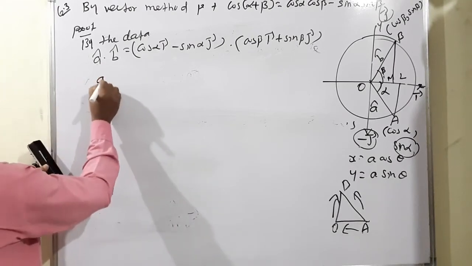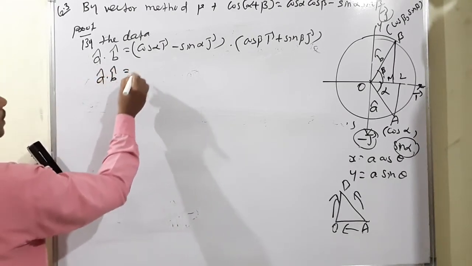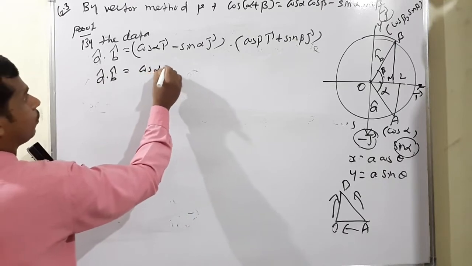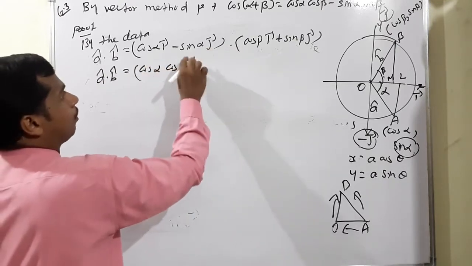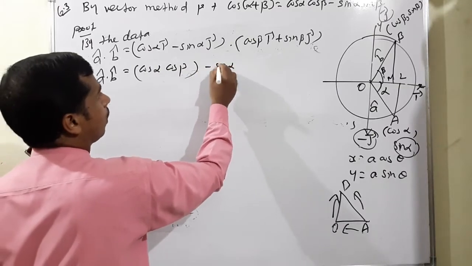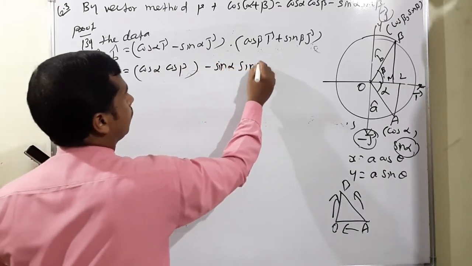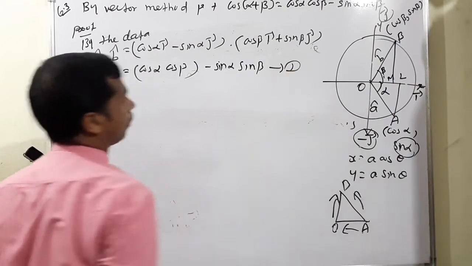After simplifying, A cap dot B cap is equal to cos alpha into cos beta minus sin alpha into sin beta. This is considered equation number 1.